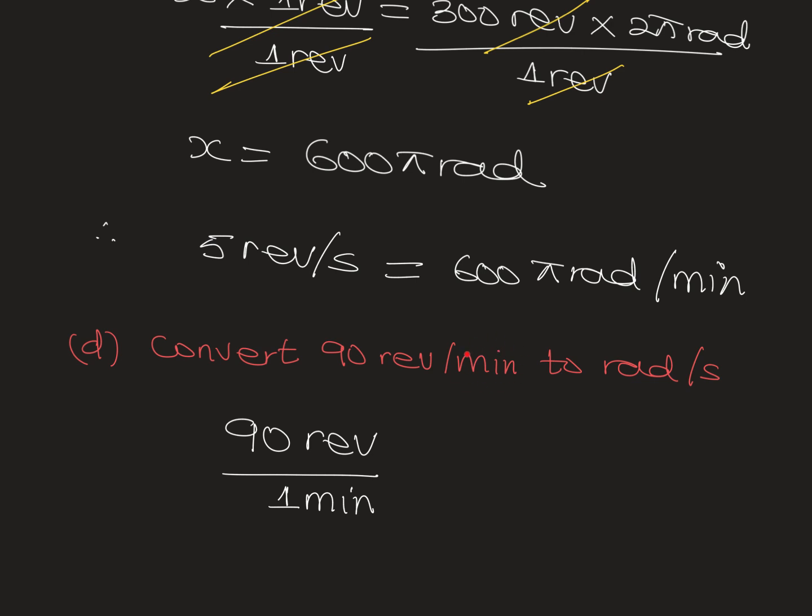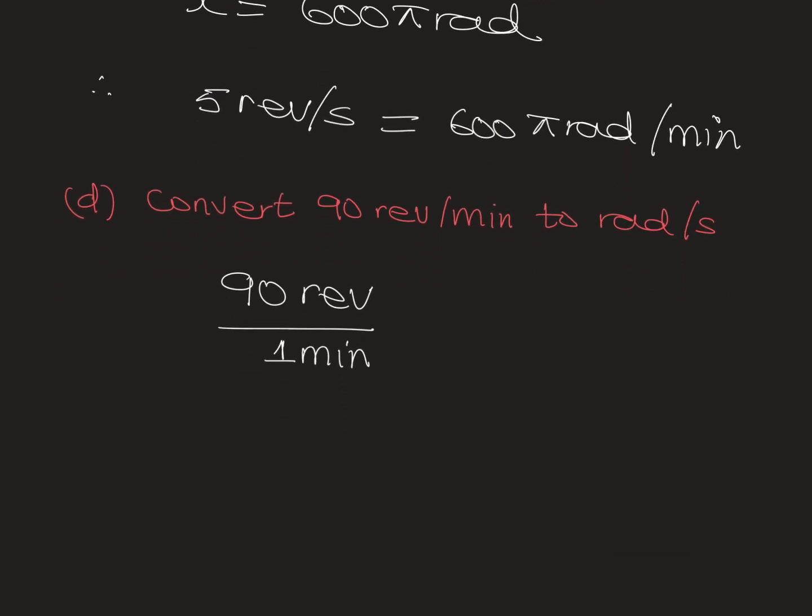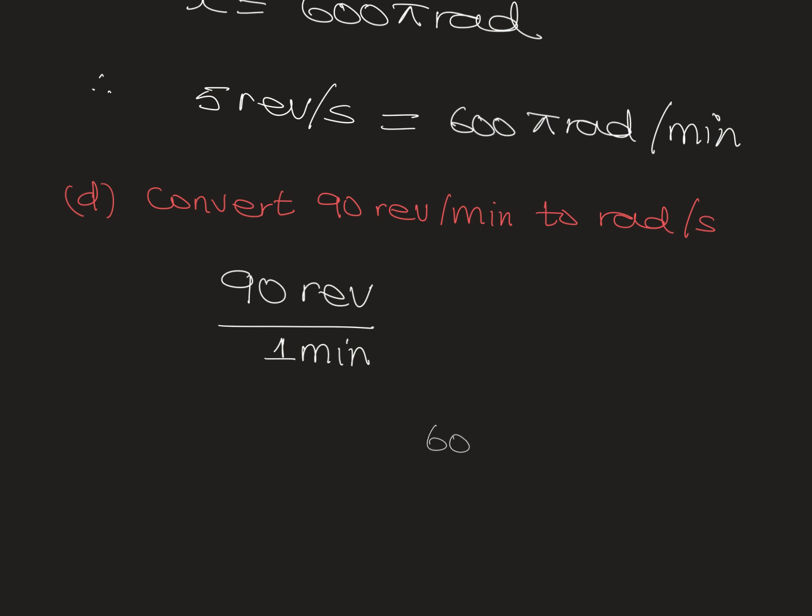The first thing we have to look at is if time is in different units. Here, time is in different units. We have to convert from minutes to seconds. So what is the relationship between minutes and seconds? We know that 60 seconds is equal to 1 minute.